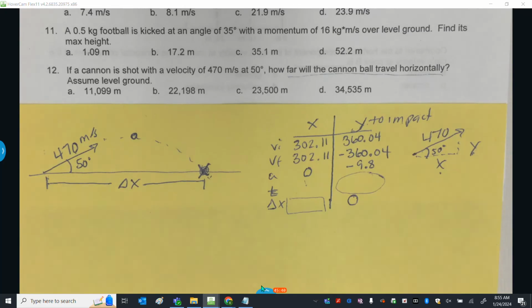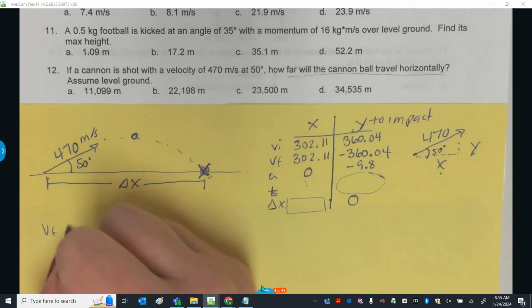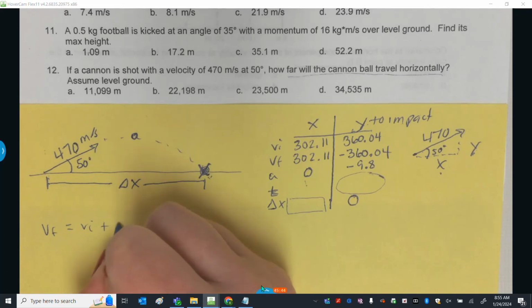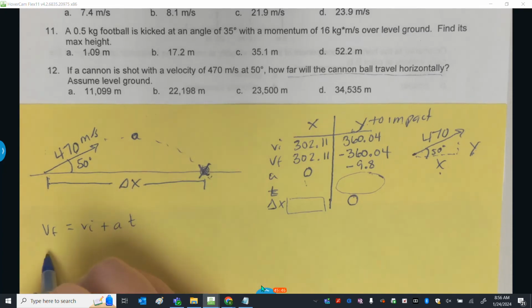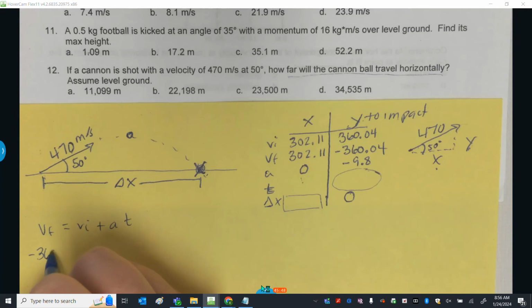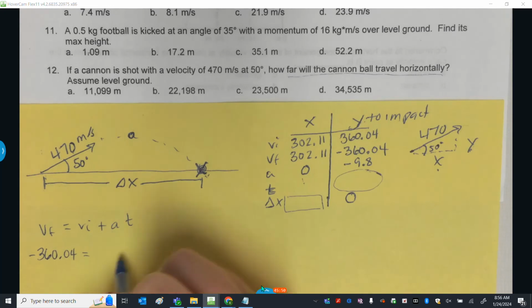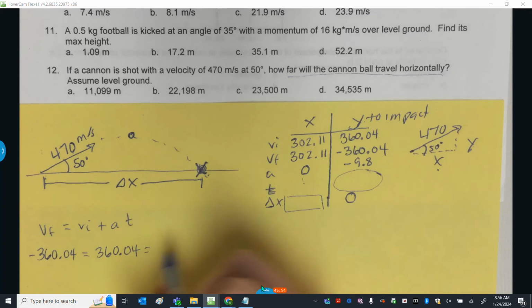So I'm going to use this equation: VF equals VI plus A times T. VF is negative 360.04, VI is positive 360.04, plus negative 9.8 times time.